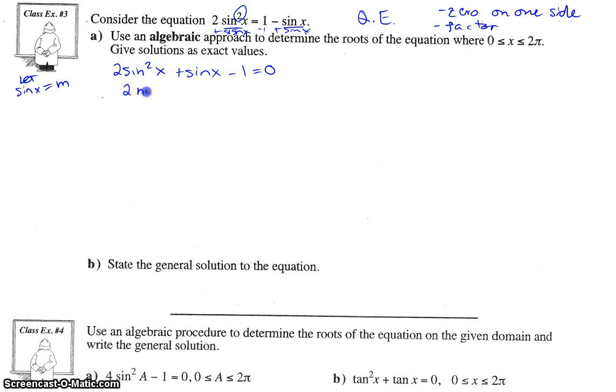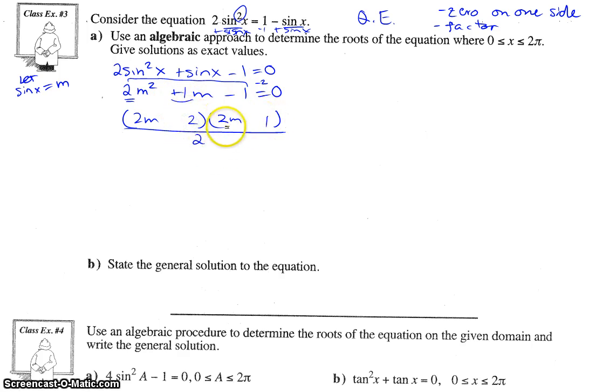So we have 2m squared plus m minus 1 equals 0. Then we're going to do our two sets of brackets. If you recognize, we have a 2 in front of our m squared, so this is our funky factoring. We're looking for two things that multiply to negative 2 and add to positive 1, which would be 2 and 1.